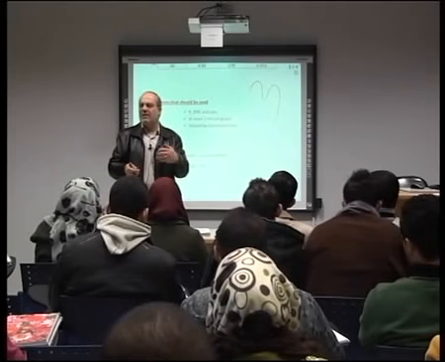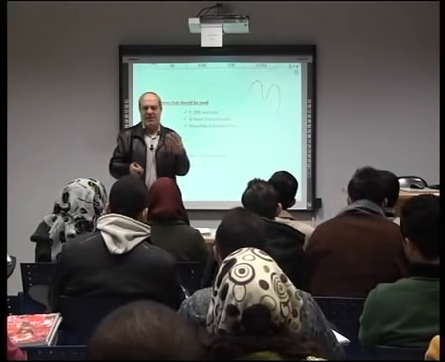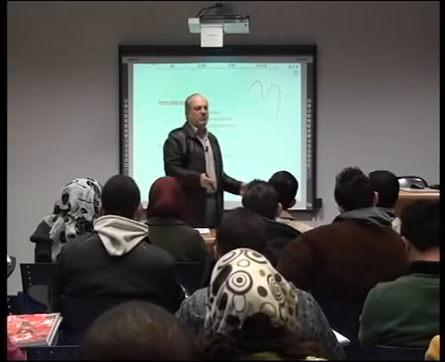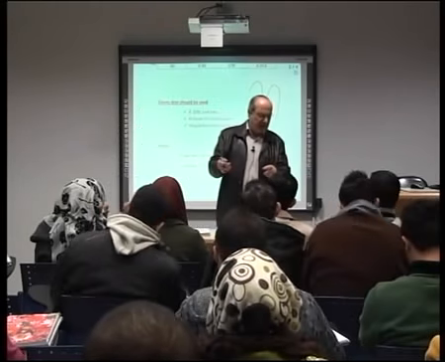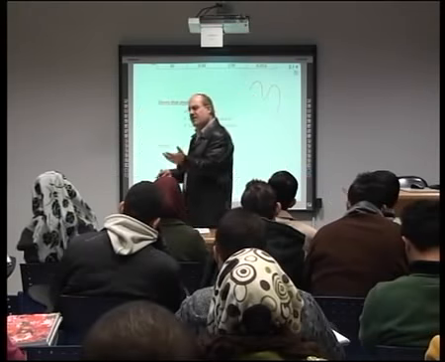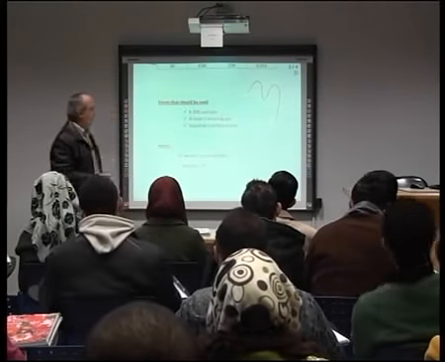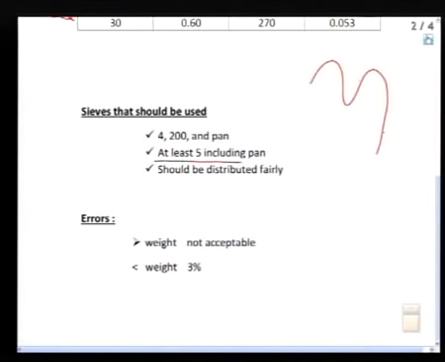Or more obvious, more clear, right? But of course we will not draw millions of points to draw a curve, maybe 5, 6, 7 points are enough. So my advice for you is to have at least around 5 sieves including the pan.